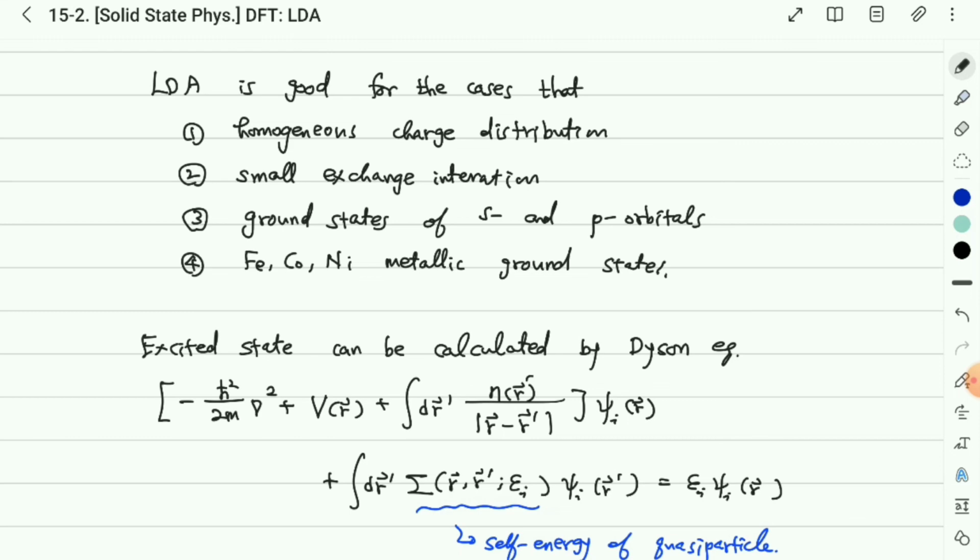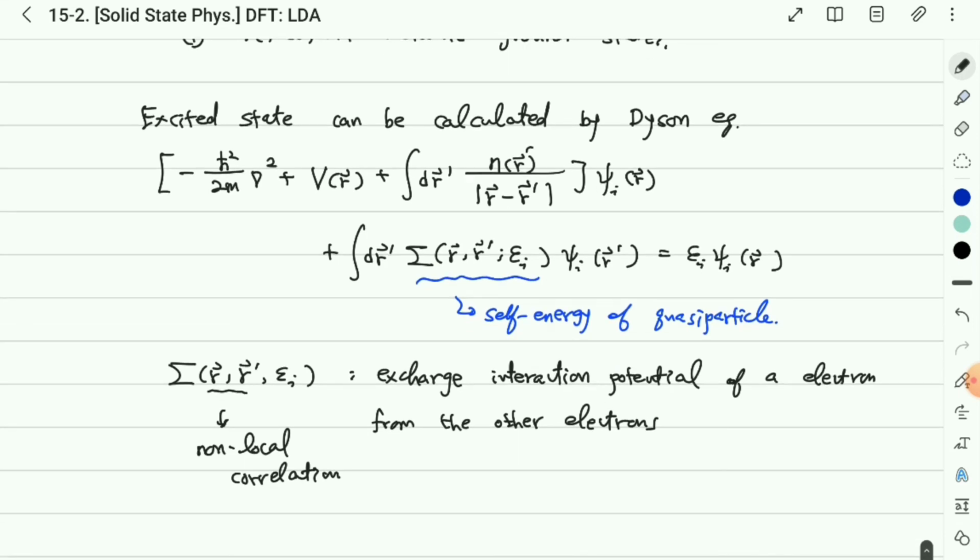Here the problem is that we do not know this exchange interaction term, the self-energy term, and this self-energy term can be obtained from the GW approximation.